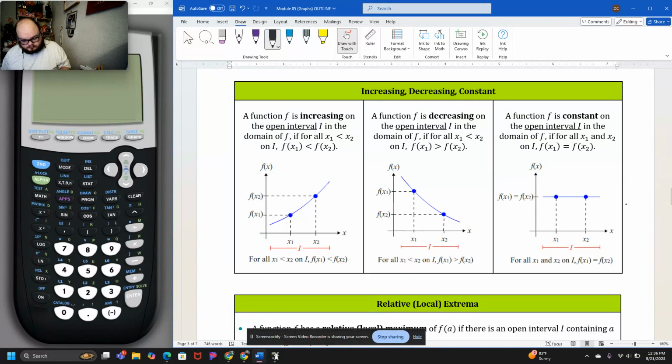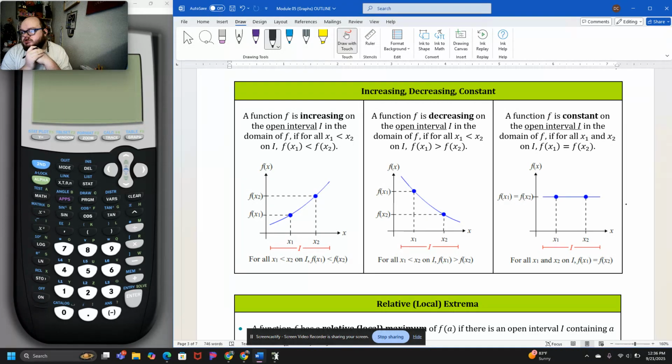So now we're going to look at increasing, decreasing, and constant relationships, okay? So a function is increasing on the open interval I in the domain of f if you're going up the entire time, is basically what that's saying. It's just very fancy symbols. Okay, it's saying that you're increasing over that time interval.